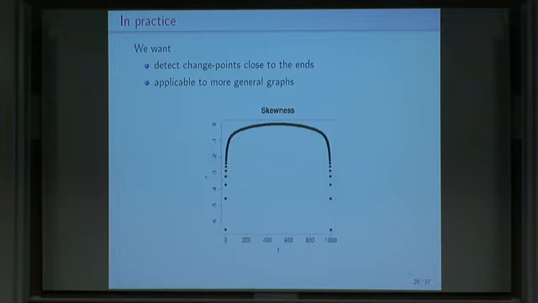So this is the plot of the skewness of CT. The x-axis is t, and this is just the skewness. This is on simulation data with 1,000 observations, and each observation is multivariate Gaussian with dimension 100.